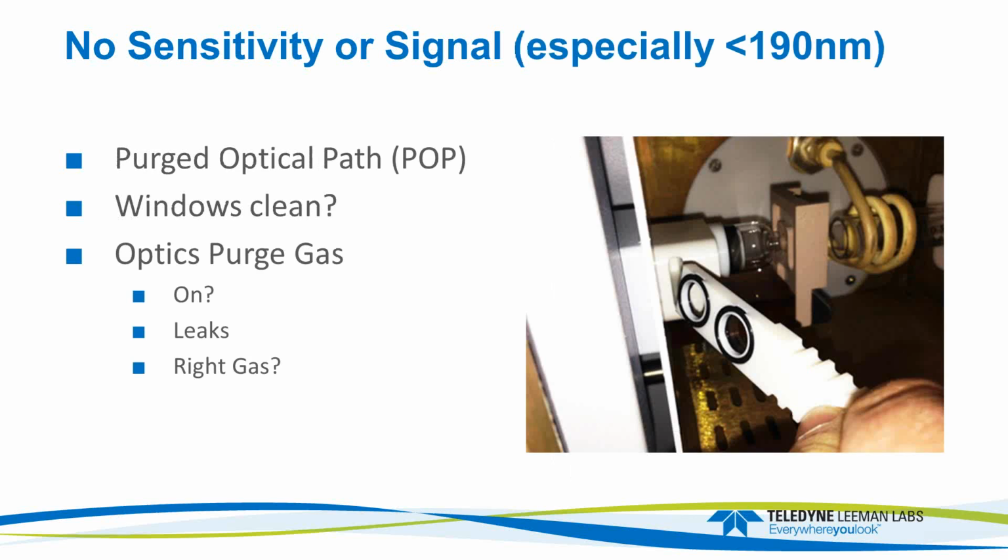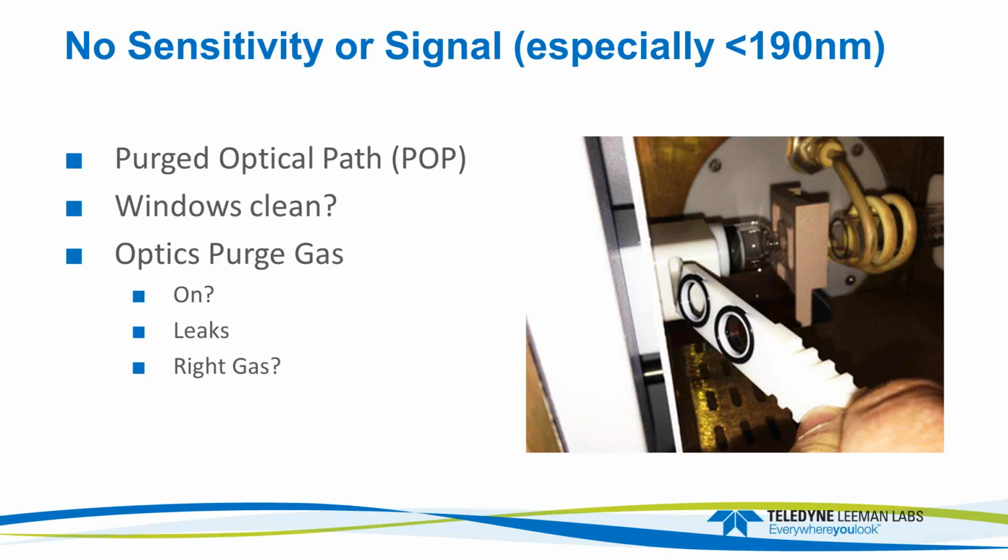No sensitivity of signal, especially below 190 nanometers. These instruments all have, we all call them different things, a purged optical path or a POP tube. So if I don't have any signal below 190, I'm thinking, well, are my windows clean?